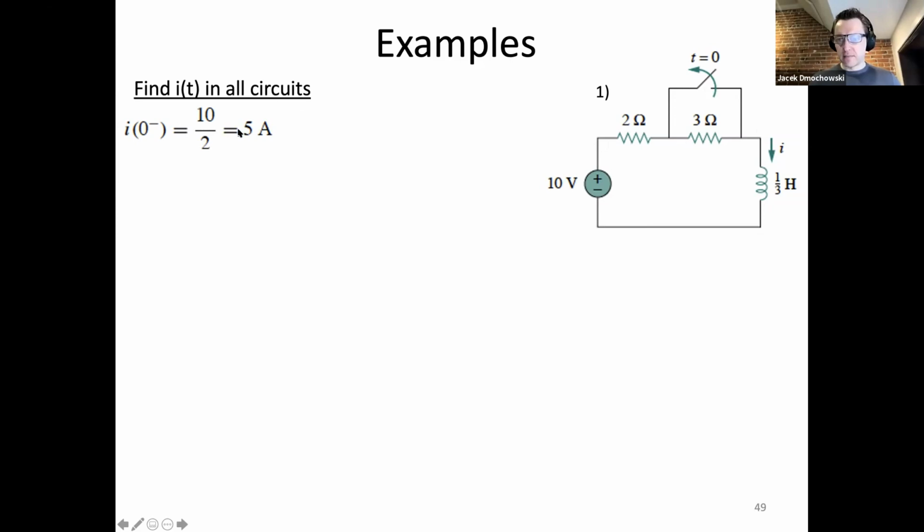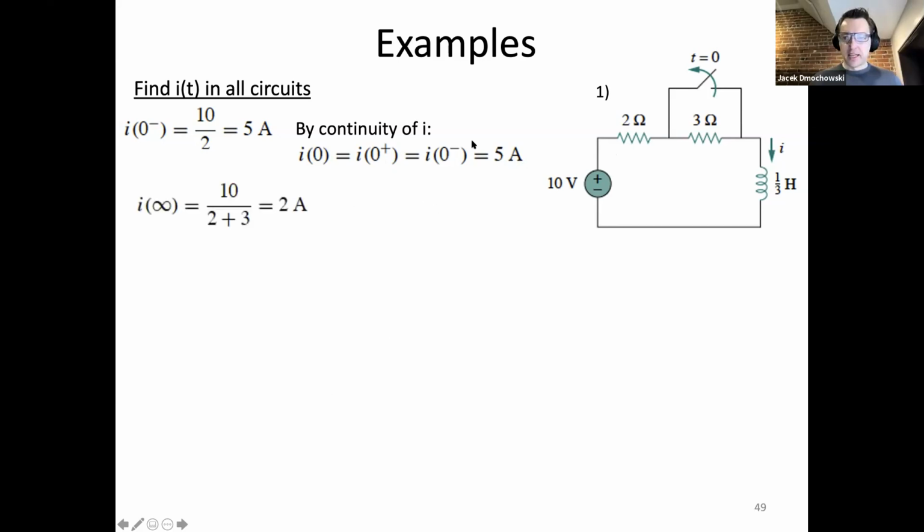Just a simple series circuit. So 5 amps is flowing through the inductor at 0 minus, which means that 5 amps is flowing through the inductor at time equals 0 plus epsilon because of continuity. So we have our initial condition. The next thing that we need is to look at this. Well, there's the answer, but let me now explain what happened.